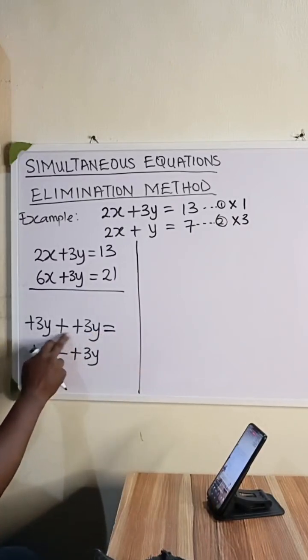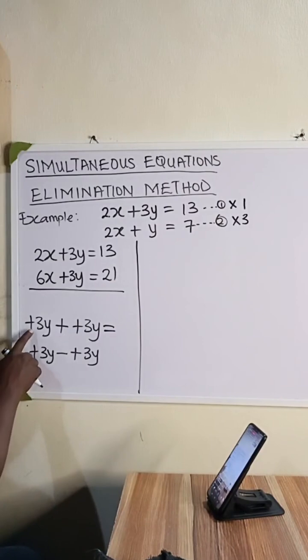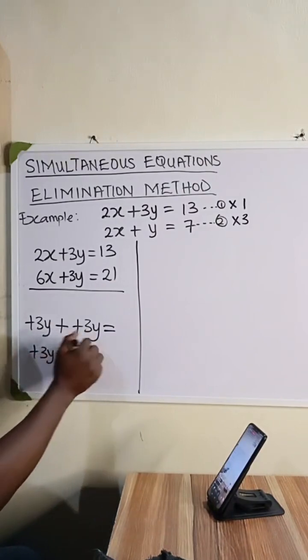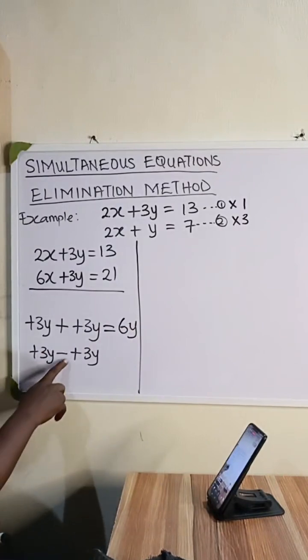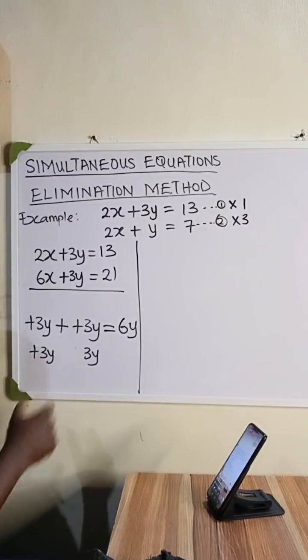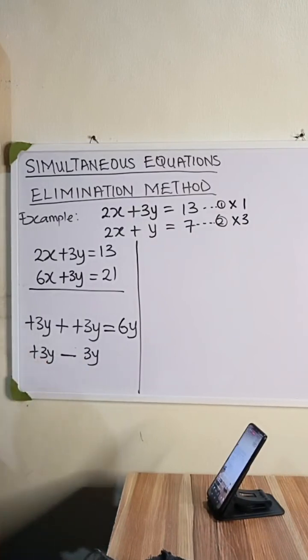Plus times plus is going to give us plus. That means we have plus 3y plus 3y, which will give us 6y. But here we have minus and plus. Minus times plus is going to give us minus, because the signs are different.